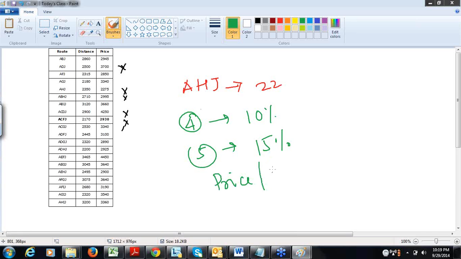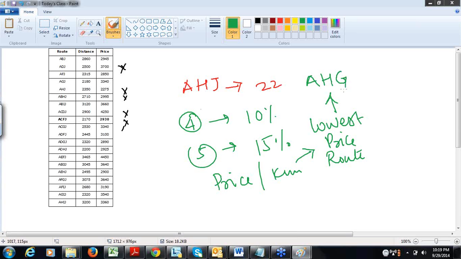Price per kilometer will depend upon the lowest price route. So what is the lowest price route? AHG.